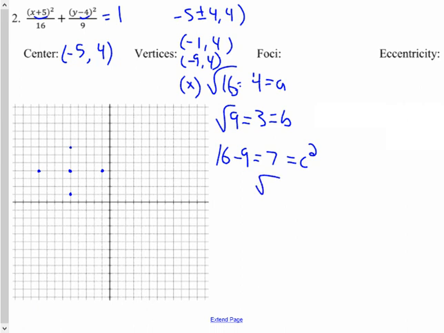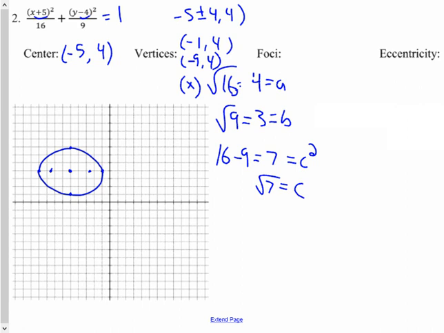So the square root of 7 is c, which is about 2.5. So 2.5, 2.5, and now our shape is coming together. Okay. And there's the ovalish elliptical shape.